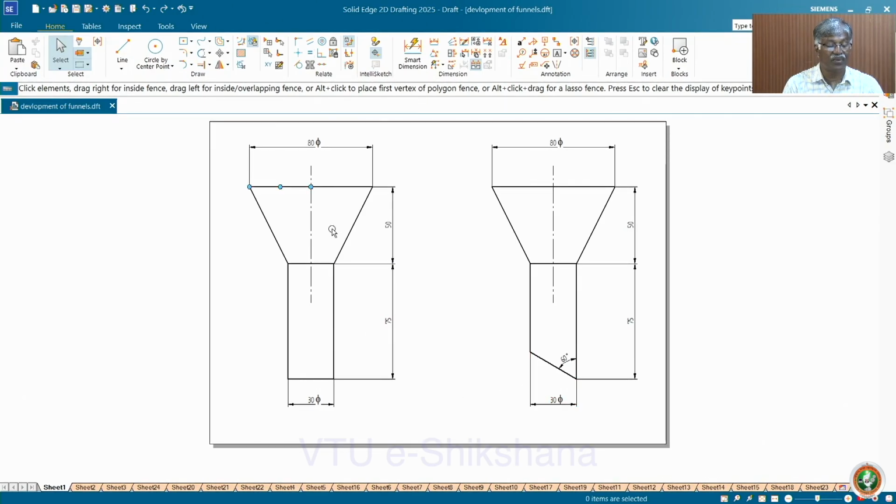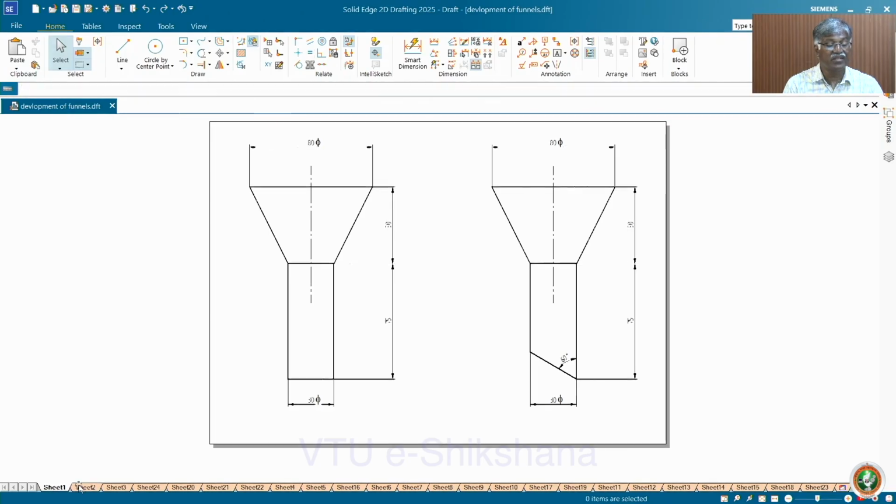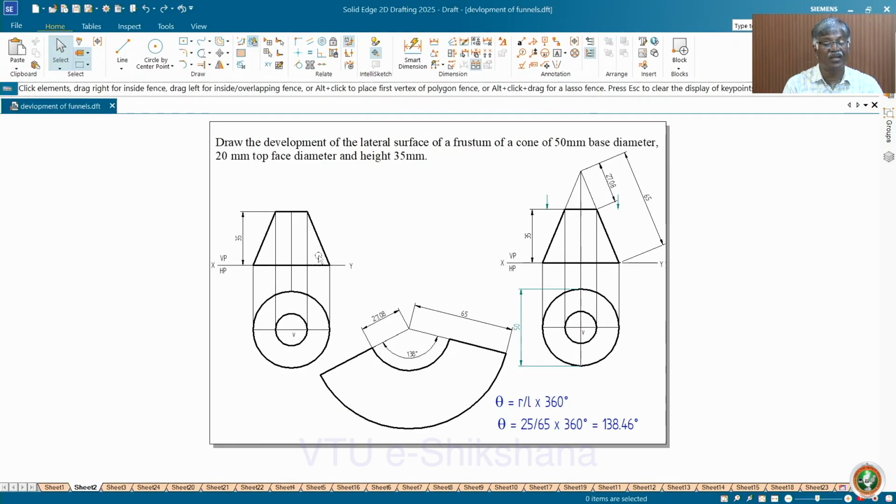Here this is the frustum of cone. Let us see how to draw. That also we have done. Now let us see how to draw it. This is the fundamental problem which we have discussed in detail in the previous sessions. Draw the development of the lateral surface of the frustum of a cone, 50 mm base dia and 20 mm top face.